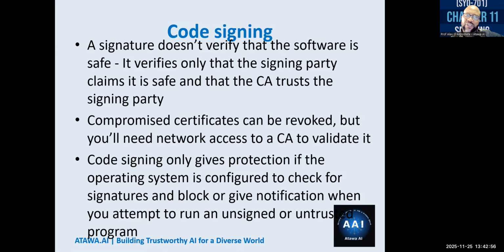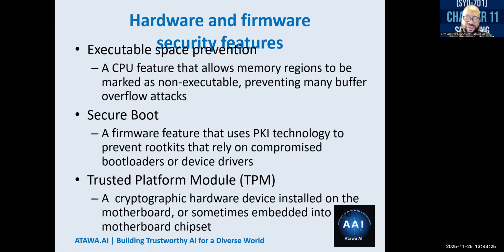So this is part of code signing, but it's good to say that code signing doesn't really verify that that software is safe, because it could be in the supply chain, but it just verifies that the signing party claims that it's safe, and the certificate authority trusts the signing party. So it just gives you protection if the operating system is configured to check for signatures and block or give notifications when you want to run an unsigned or untrusted program.